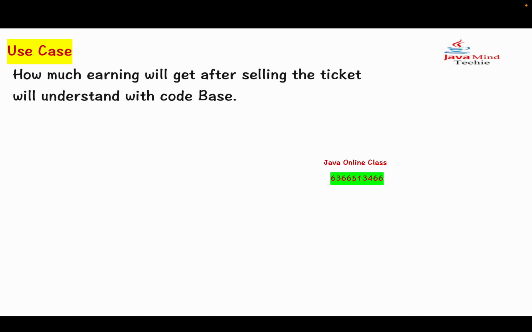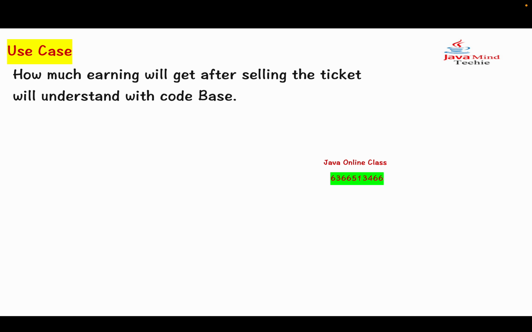How we are going to implement that earning with the help of Java code using inter-thread communication, that scenario I will explain. First I will explain without using inter-thread communication. First I will show you what the problem is.